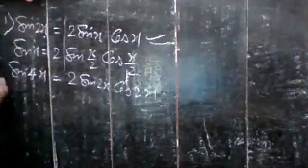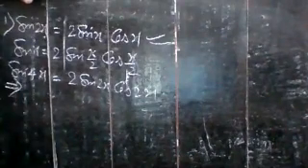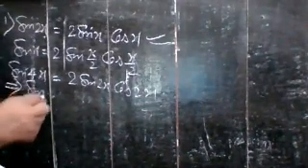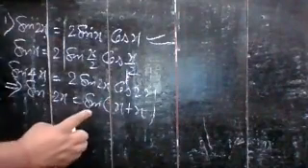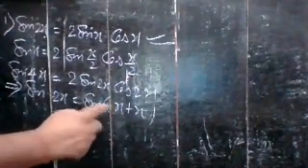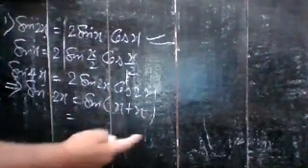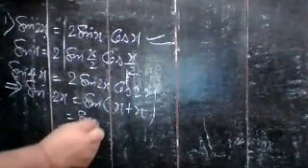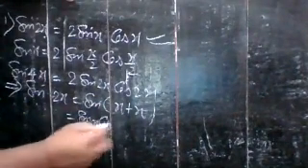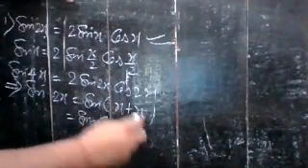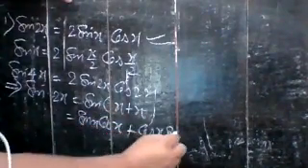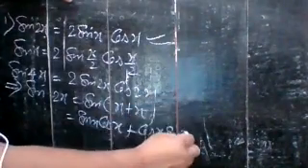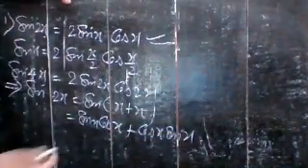Here, when I want to prove it, just check. sin 2x can be written as sin(x+x). Now apply the identity of sin(x+y). sin(x+y) is sin x cos y plus cos x sin y. In place of y you also have x, so that is sin x cos x plus cos x sin x.